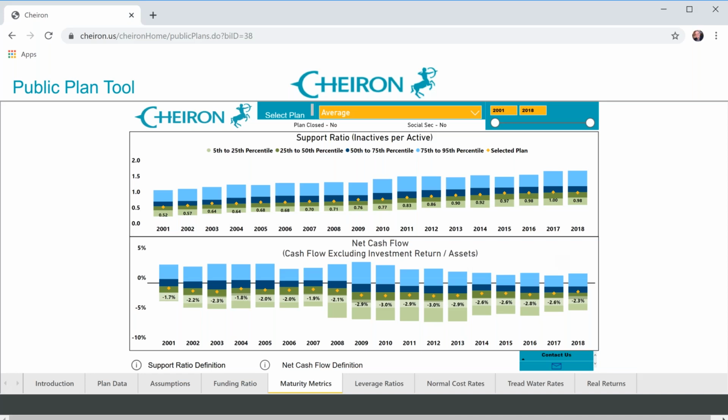But when you have negative cash flow, it makes you more sensitive to investment risk, particularly in the near term. And again, you'll see that closed plans can have significant negative cash flow because they're primarily paying out benefits already earned rather than pre-funding new benefits.